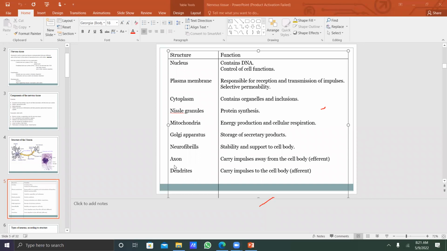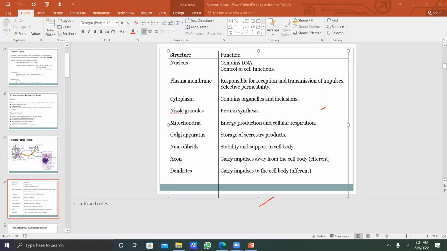So this axon is the process which is responsible for carrying impulses away from the cell body. When an electrical impulse comes to the neuron cell, the axon is the one which carries that impulse or signal away from the cell body.